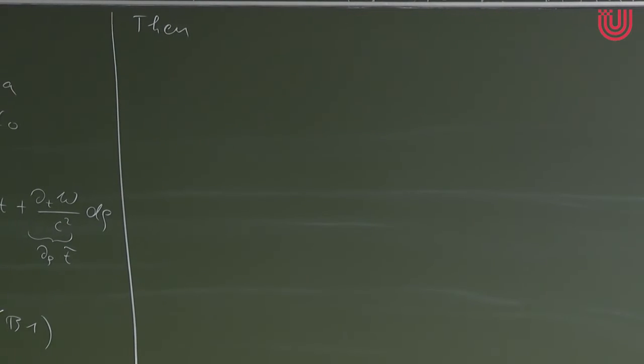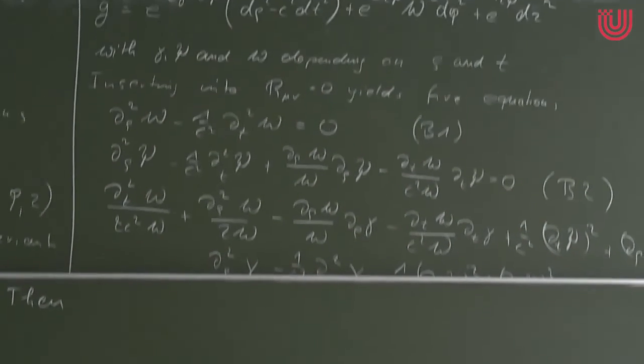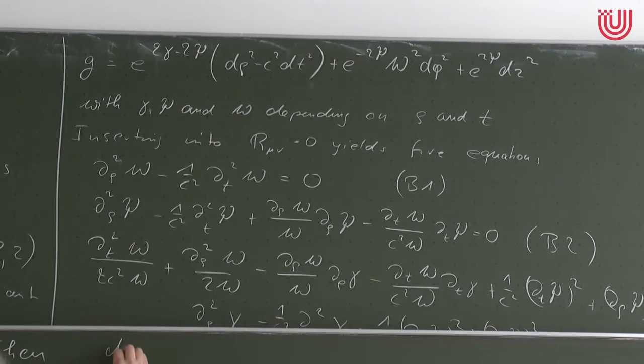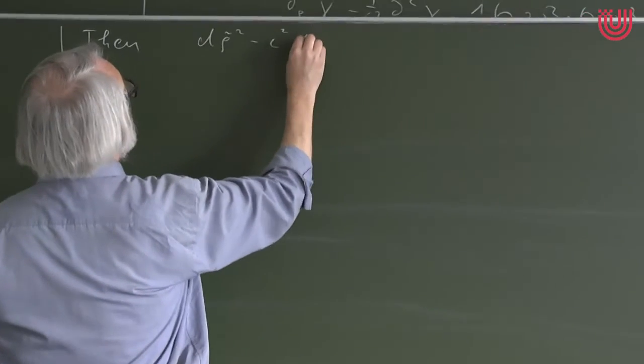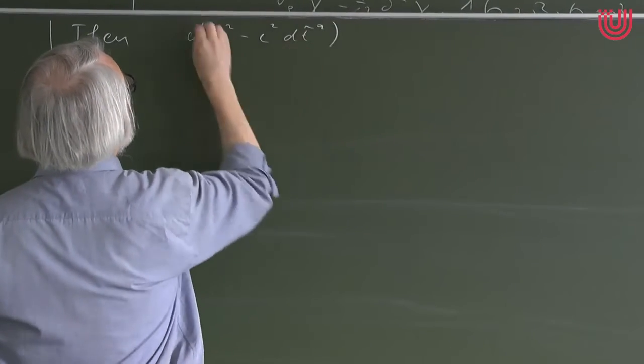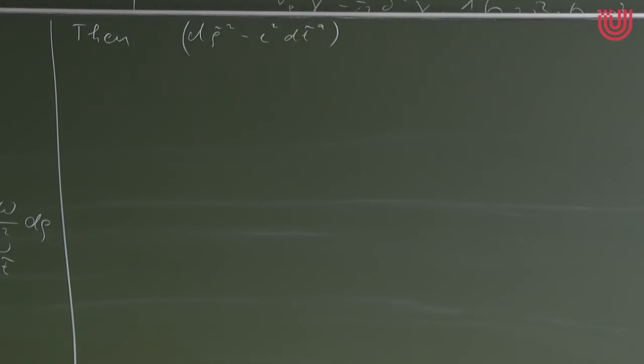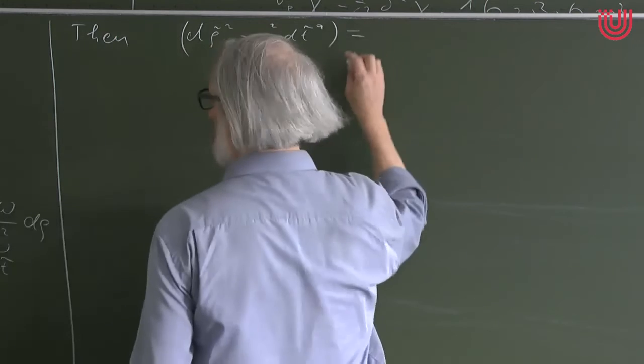So then, let's see what happens with our metric. In the metric we have this expression d rho squared minus c squared dt squared. Let's see what this looks like after the transformation, minus c squared dt tilde squared. So I just have to insert these expressions. The d rho tilde squared is what?